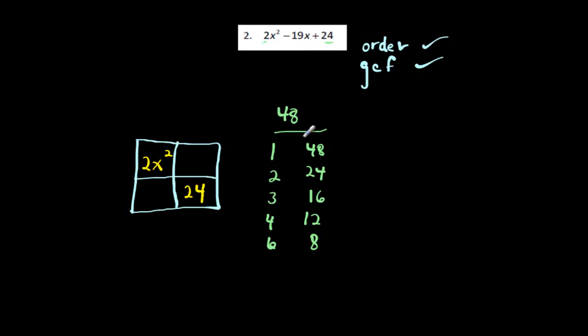Now the middle terms are made up of x's, so we can go through and put x's everywhere here. Now let's read the signs. This sign tells us they're going to be the same. So they're all going to be the same sign. What sign are they going to be? This says they're going to be negative.